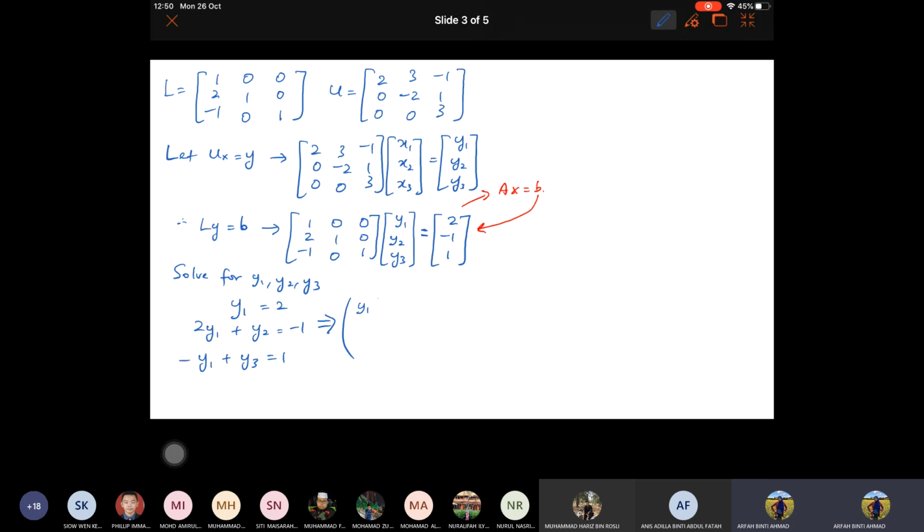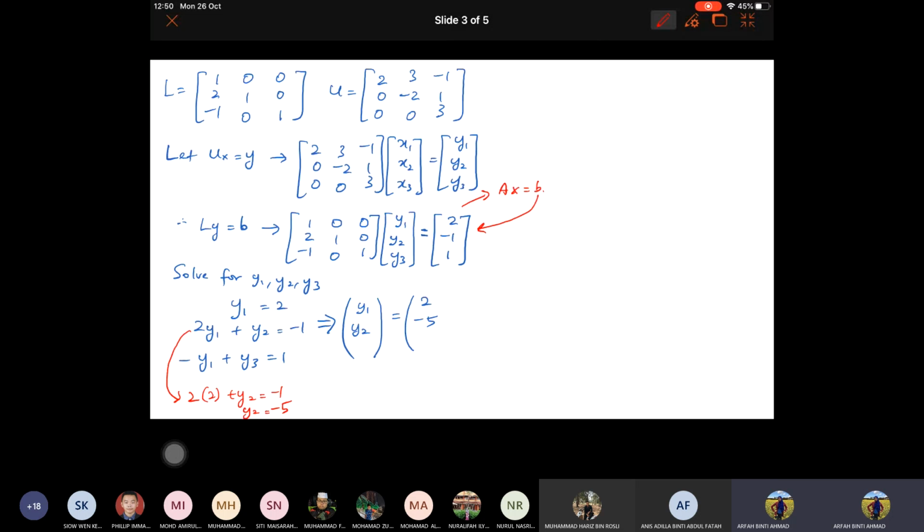Y1 dapat sama dengan 2. Untuk Y2 ni pula 2 darab 2 tambah Y2 sama dengan negatif 1. So Y2 sama dengan negatif 5. Okay. So dari sini dapat Y2 sama dengan negatif 5.